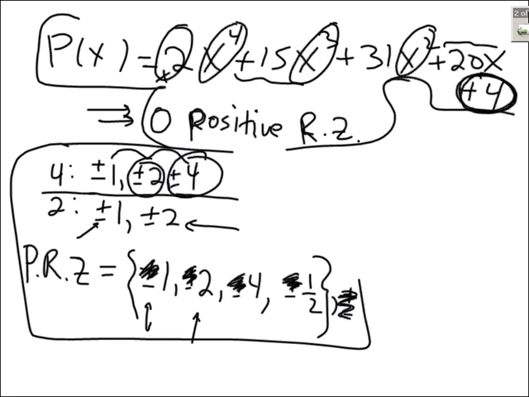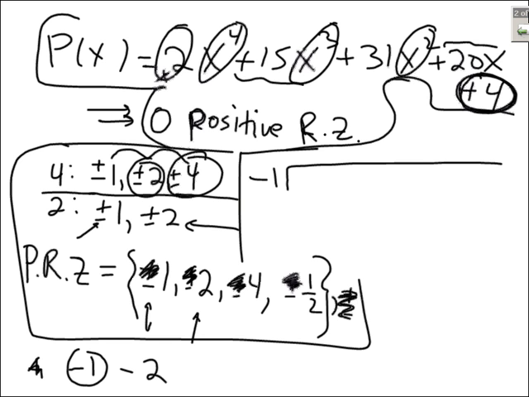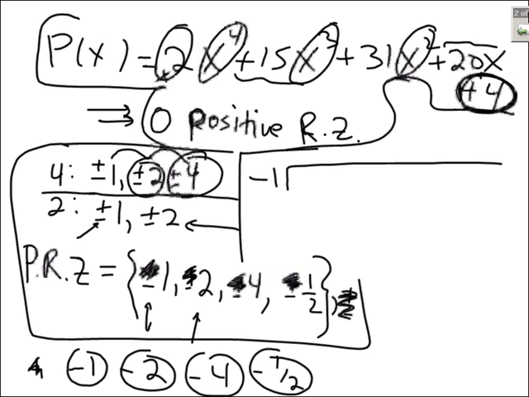Okay, so let us start checking them. Let's try negative 1. The possible rational zeros are negative 1, negative 2, negative 4, negative a half.